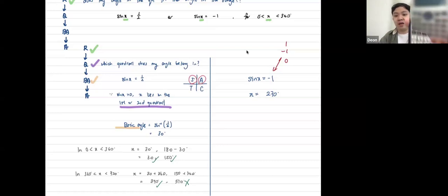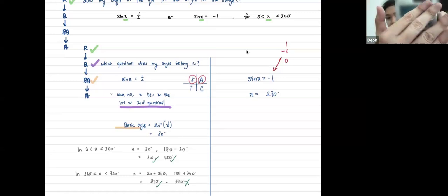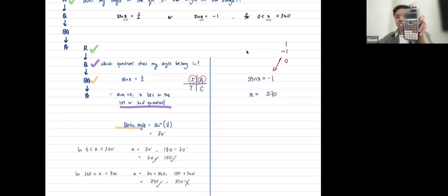Immediately the answer will come out as -90. But because it is -90 and you want it to be within the range, you add 360 to get 270. This is something that the school expects you to memorize.